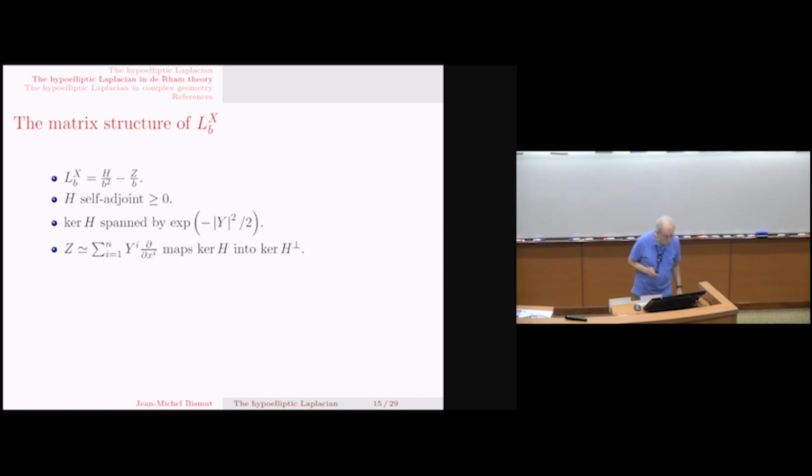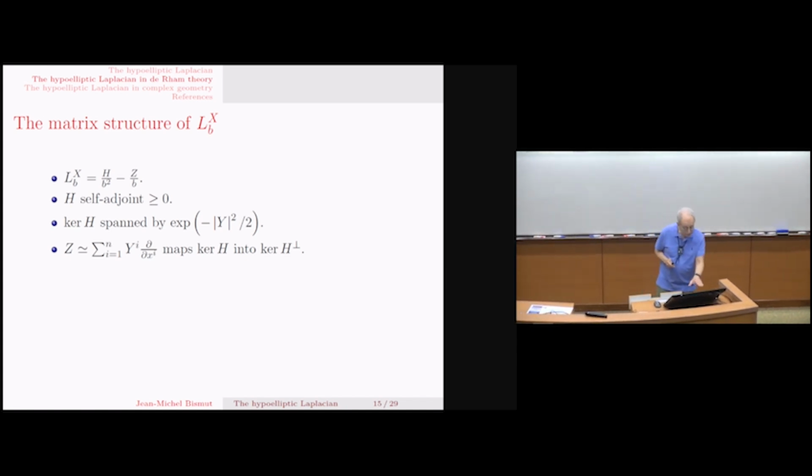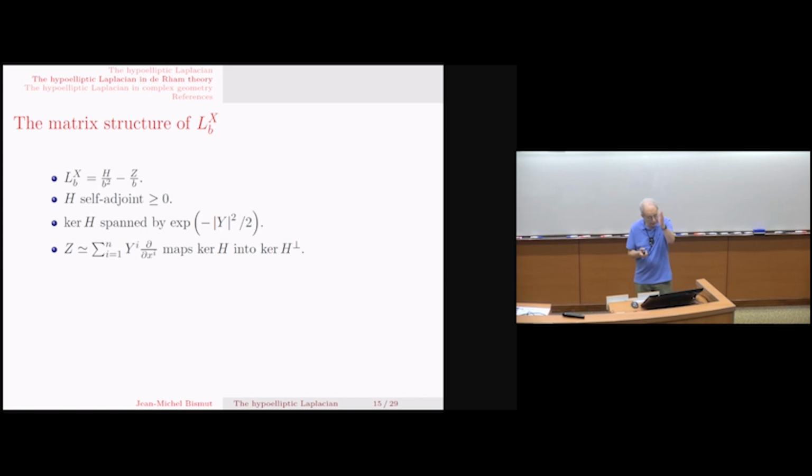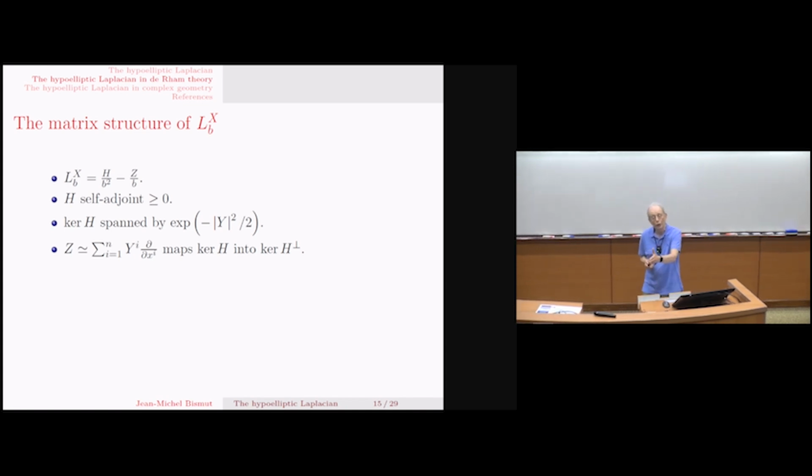And so, what you find when you look at this operator here is that Z is actually odd in the variable y. Obviously odd, it's linear, and so it maps the kernel of H, the Gaussian, into its orthogonal. Okay, if you multiply a Gaussian by a linear function, you go into the L2 orthogonal to the kernel of H.